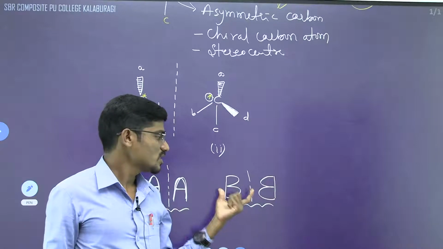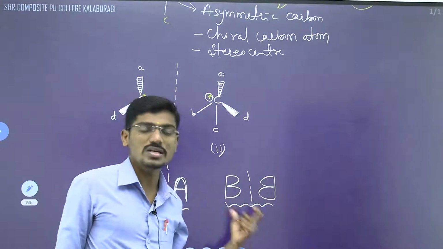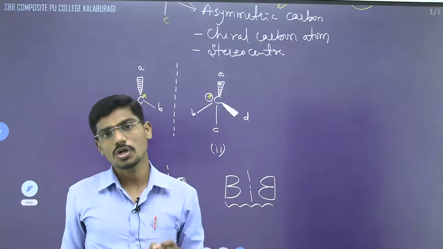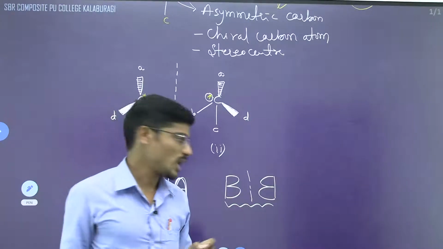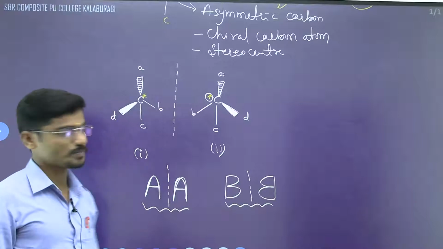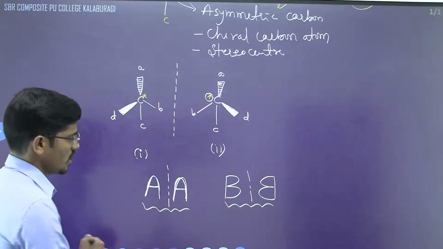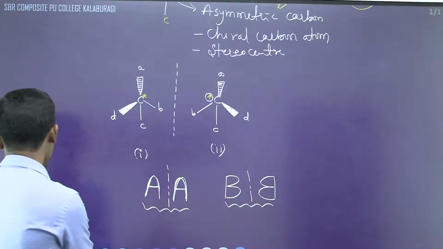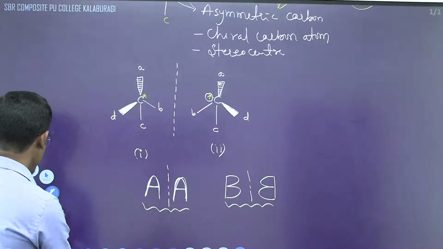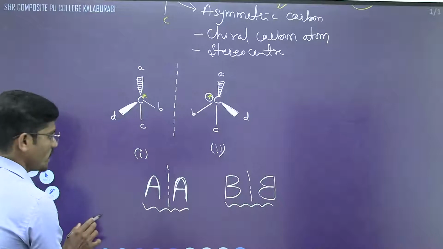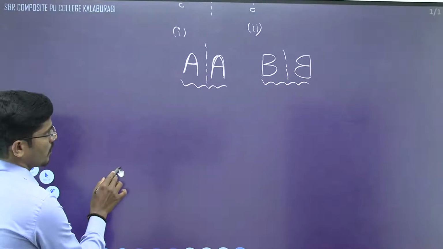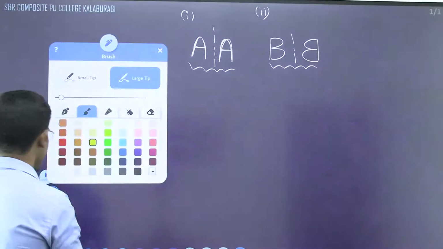So this molecule is said to be a chiral molecule, or asymmetric molecule. These mirror images are also known by the term enantiomers.